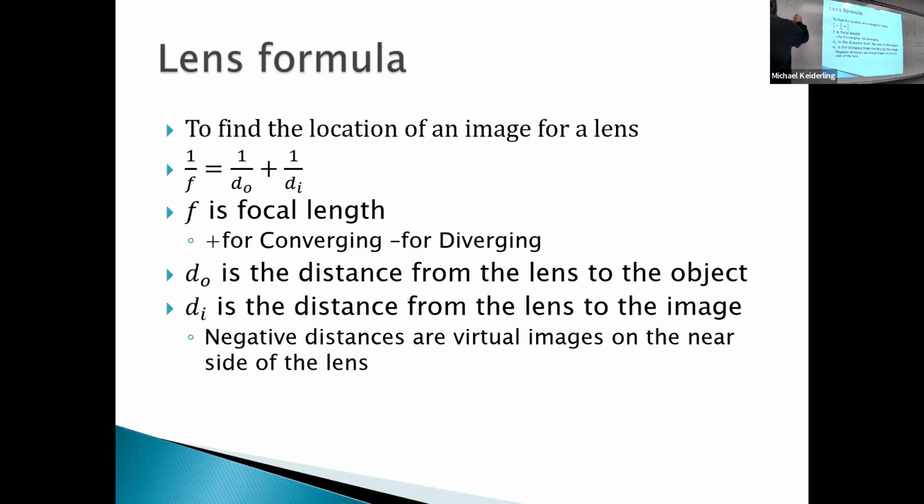1 over focal length equals 1 over BO plus 1 over BI. Plus for converging, convex lenses; minus for diverging.